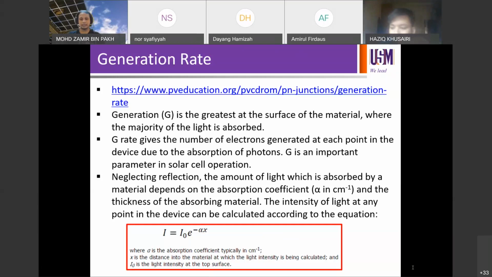How about case number 3, when EPH is more than EG? Do we have the light absorbed? Do we have any light absorption here? Yes, EPH is more than EG, so we have light absorption.